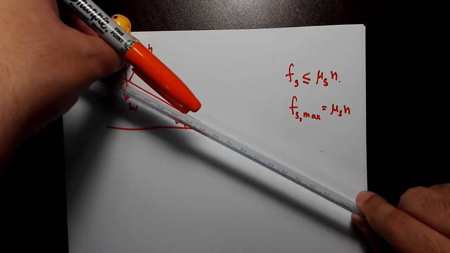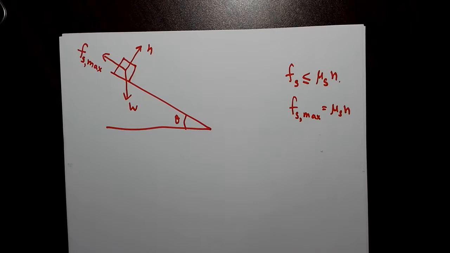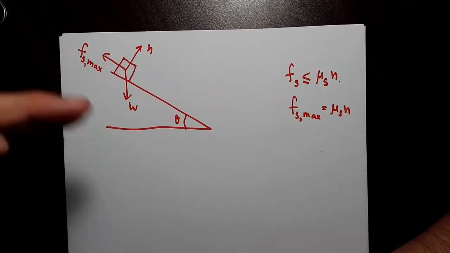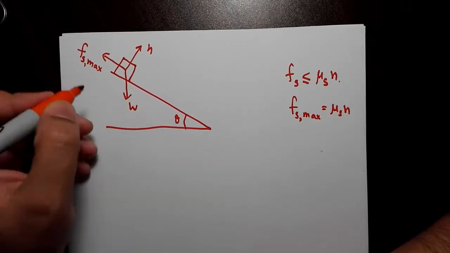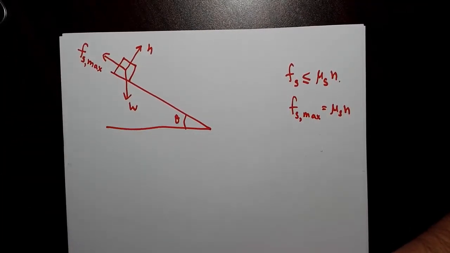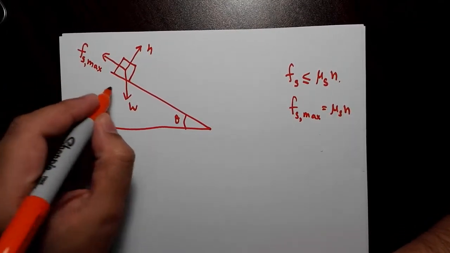It's maximum. It cannot be more than that. And if the component of gravity increases beyond that, then the guy will start sliding. So this is that limiting angle at which this guy will start sliding.